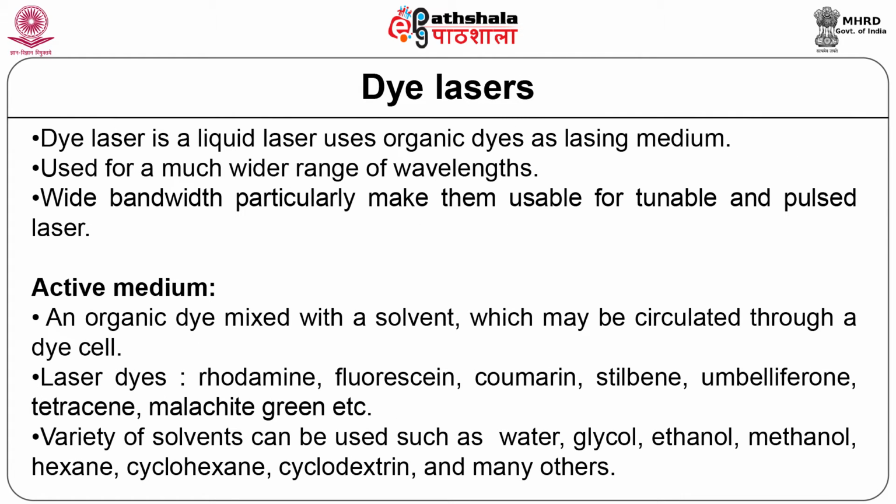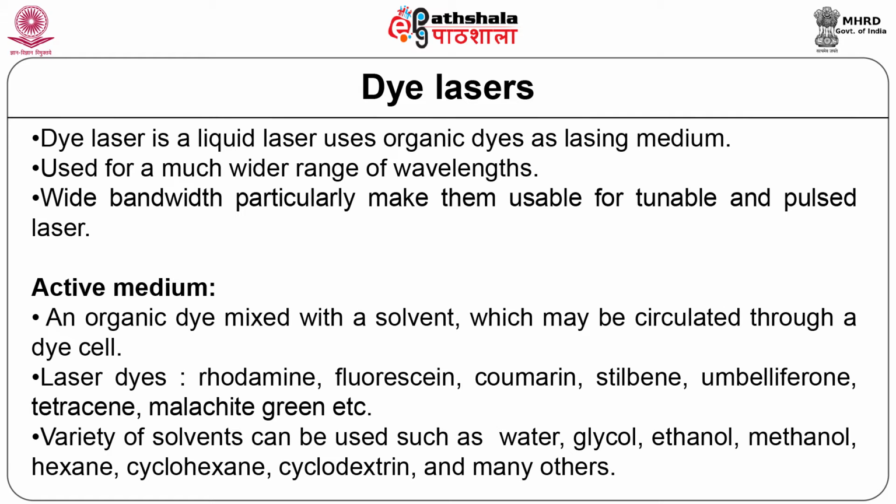Let us consider the first one as the dye laser. The dye laser uses organic dyes as lasing medium. It is used for a large range of wavelengths, and this type of bandwidth is particularly usable for tunable and pulse laser. This laser consists of organic dye mixed with solvent, which may be circulated through a dye cell.